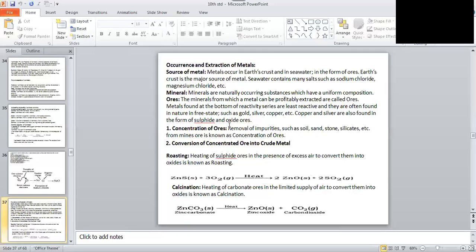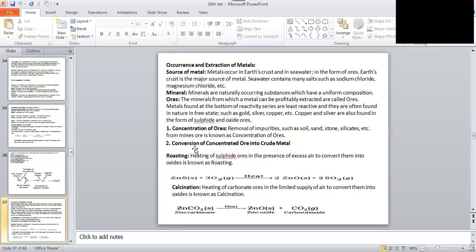We know when metal is obtained from the mines, it contains impurities like soil, sand, stone and silicates. These can be removed, and this process is called concentration.